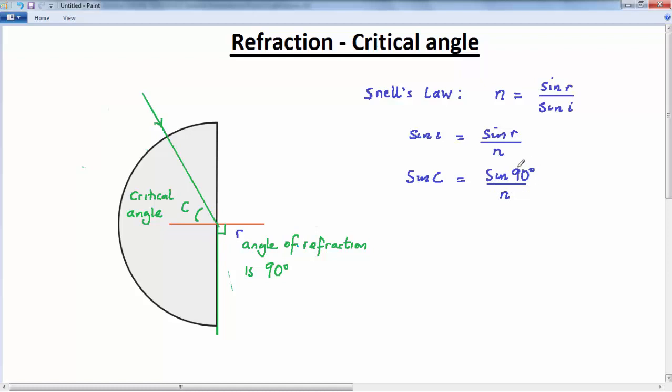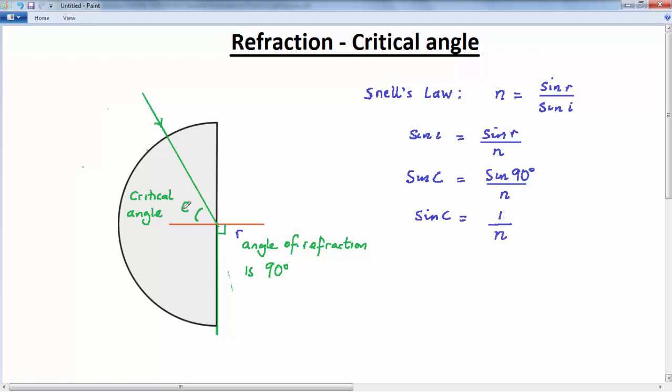Now, you'll remember from maths that the sine of 90 degrees is equal to 1. So that simplifies the formula. We can say that the sine of the critical angle is equal to 1 divided by the refractive index of that material.